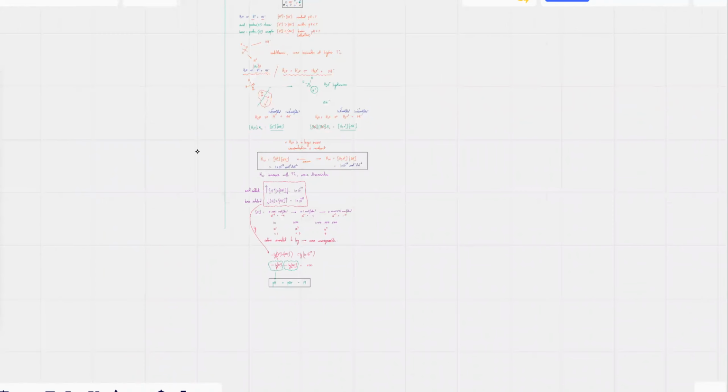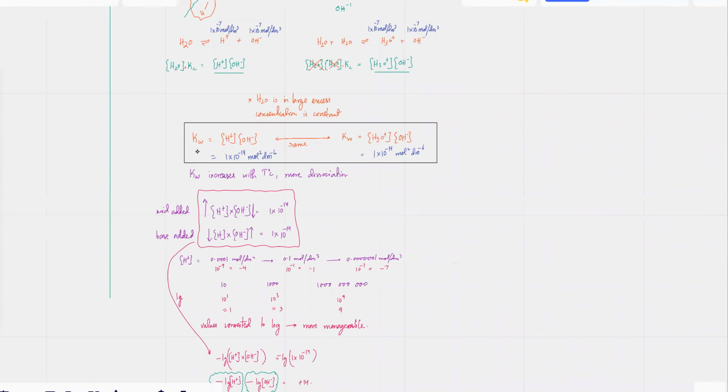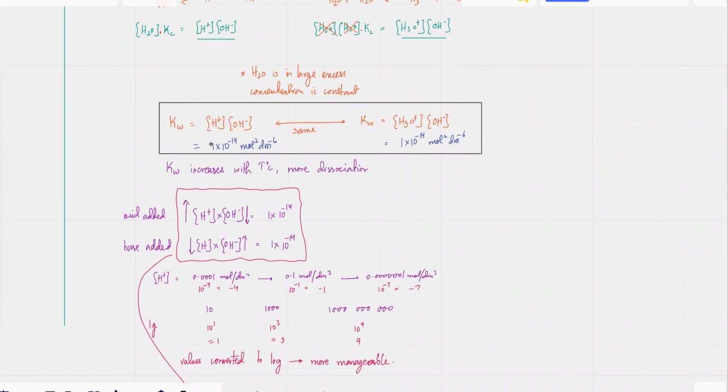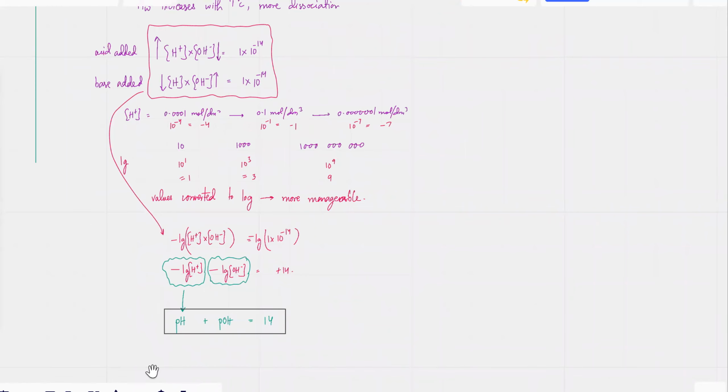We've just taken the log of that, and it became this expression: pH plus pOH is equal to 14. Both of these expressions are exactly the same. The only thing is you've taken the log, and I told you why you take the log. So this is how you calculate pH and pOH.